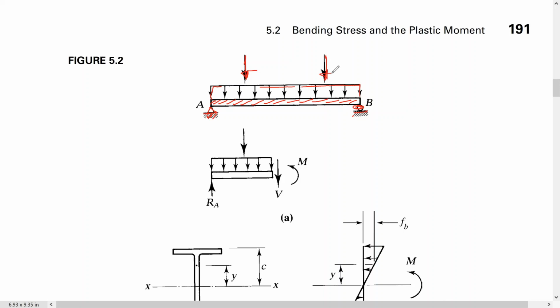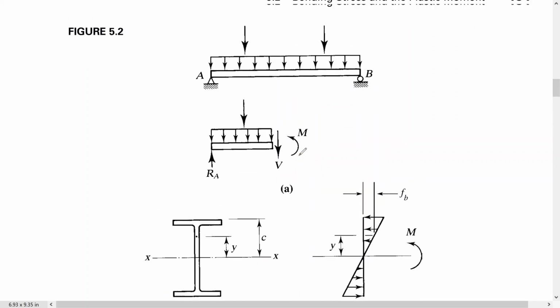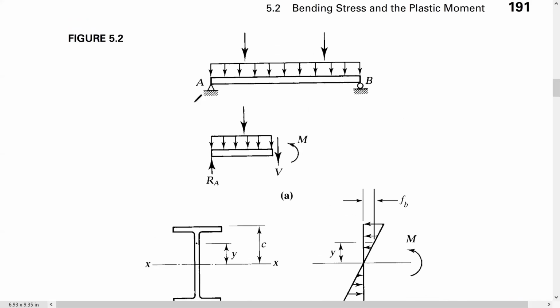So here, if we take an imaginary section, we can get the shear and the moment, okay? But actually, we need to find the reactions before doing anything like this. So if we take the cross section here, guys, so this is the cross section. This is the profile here, and this is the cross section, okay?